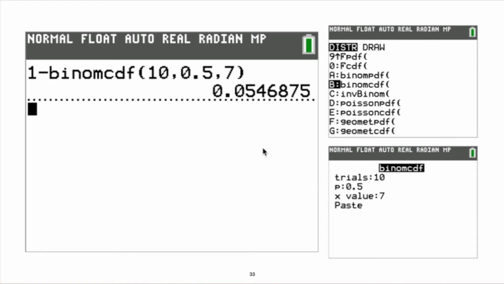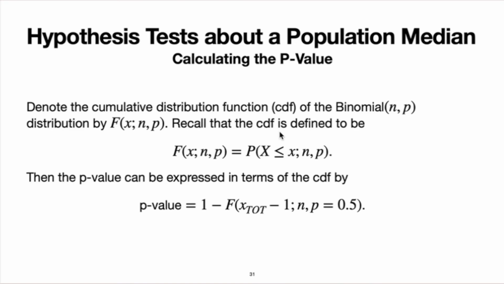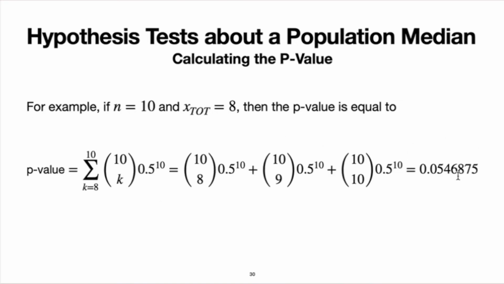And then when we paste that into the menu, this is what we get. Notice what I had to do is 1 minus, and then I went into this menu and got the CDF, input these values, and then it pasted in that function. And when we evaluate this, we get 0.0546875, the same value that we got back here.